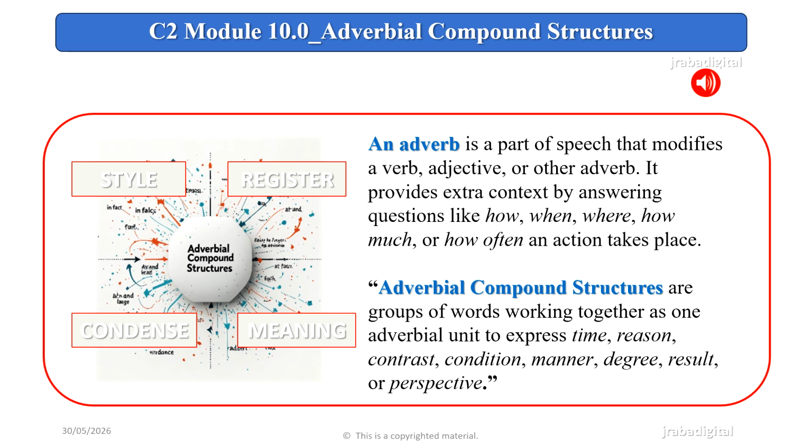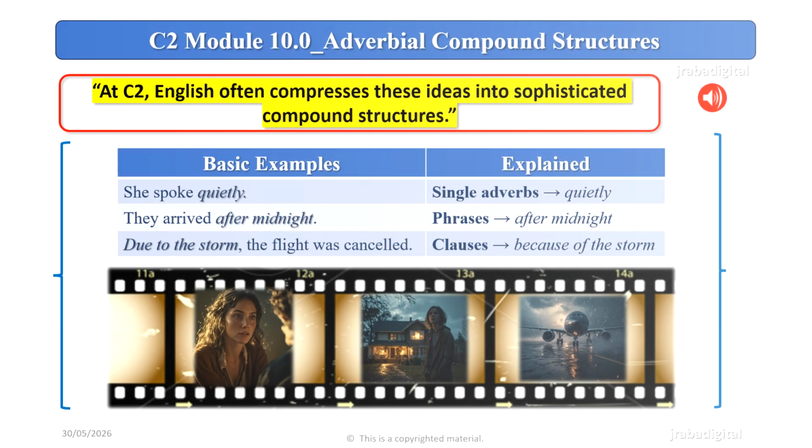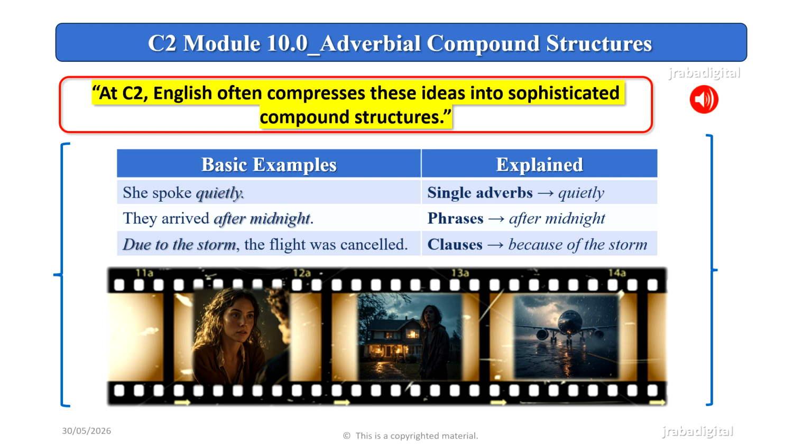Adverbial compound structures are groups of words working together as one adverbial unit to express time, reason, contrast, condition, manner, degree, result, or perspective. At C2, English often compresses these ideas into sophisticated compound structures.